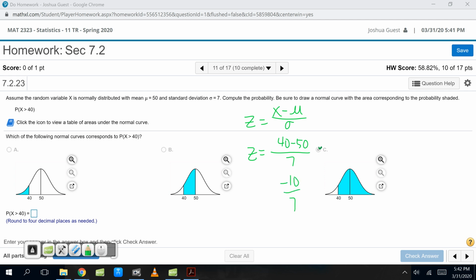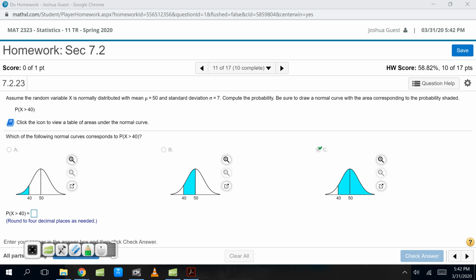So if I punch that into my calculator, 10 divided by 7, I get a negative 1.43. So negative 1.43 is my z-score. I've got to look that up on my table to get my proportion to find my 4 decimal places right here, okay? So I've got to look up negative 1.43.